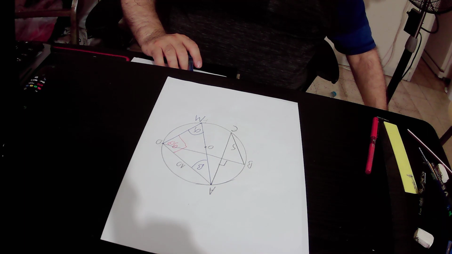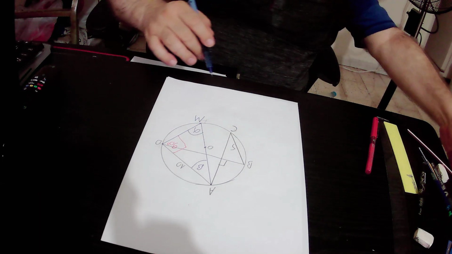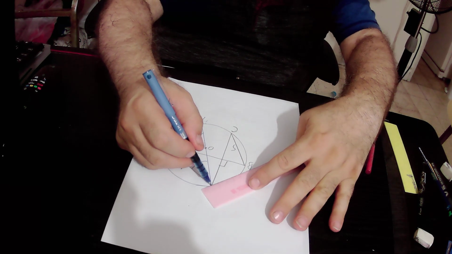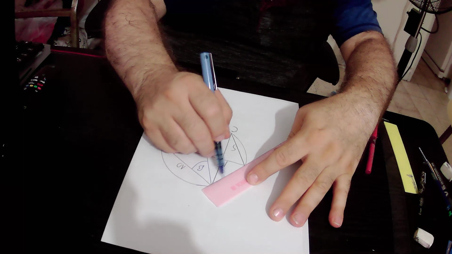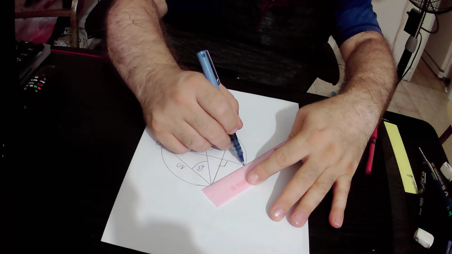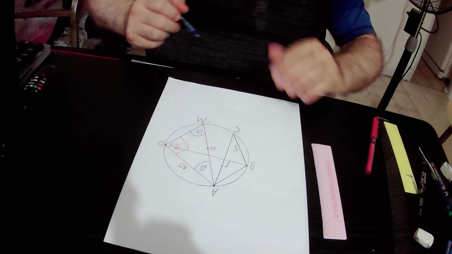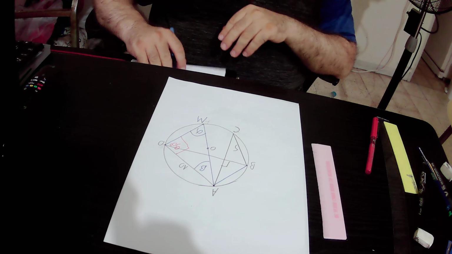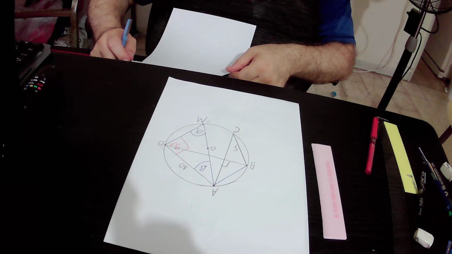We will connect together points A and B by a straight line. We have a rule, I will call it rule number 2.